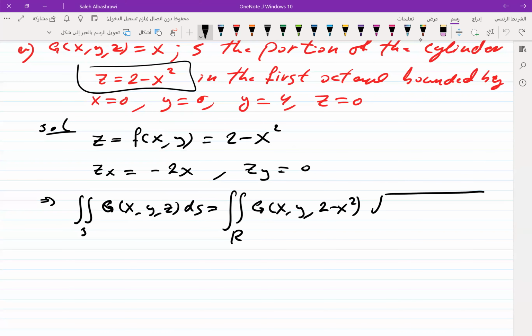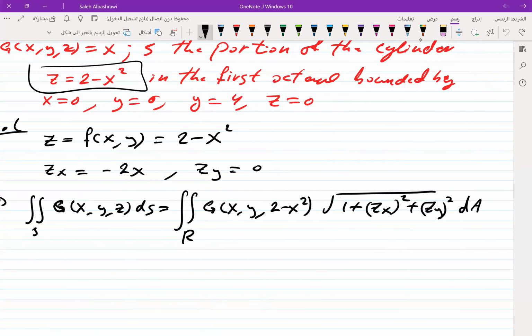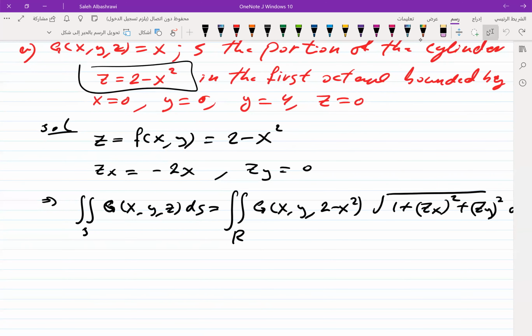of the function 1 plus z sub x squared plus z sub y squared dA.